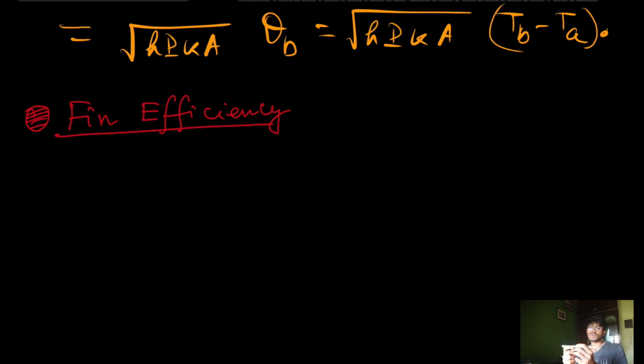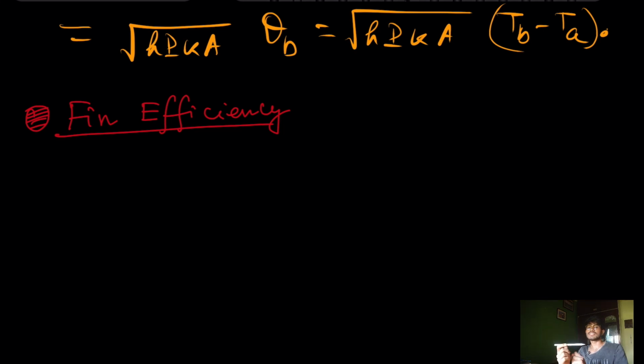So if the case was like that, that the fin is having infinite thermal conductivity, that means zero thermal resistance, because thermal resistance is L by K, it is inversely proportional to the thermal conductivity. So if the thermal conductivity shoots up to infinity, that means the thermal resistance has to go down to 0. Now I have already told you, for small thermal resistances we can neglect the temperature variation.